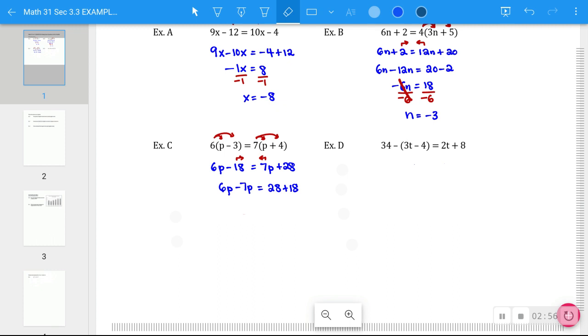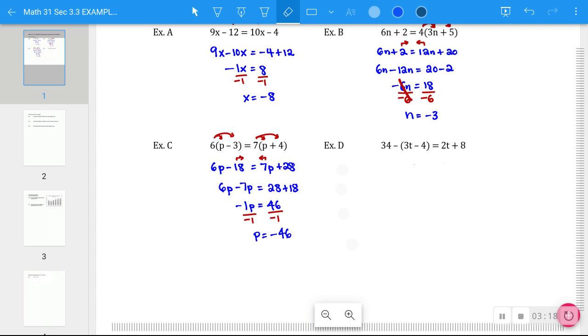And don't forget when you do that to change the sign of the ones that move. And then you simplify both sides. For instance, 6p minus 7p gives negative 1p. And then you divide both sides by whatever's in front of the variable. And that'll take you down to an answer of negative 46.